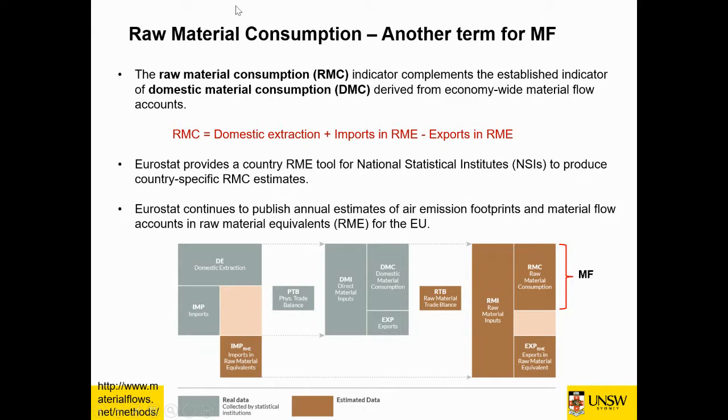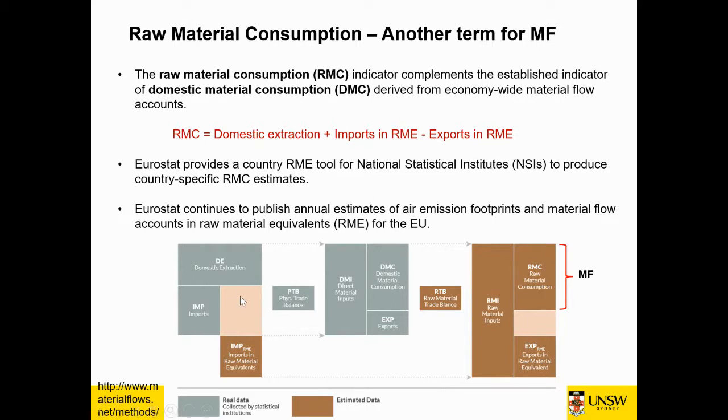Another way of looking at the material footprint is with the concept of raw material consumption. So again, the domestic material consumption is derived from that economy-wide material flow account, but here we are now accounting imports and exports in terms of raw material equivalents. So looking at the initial amount of raw materials which had to go into the industrial process to produce that.